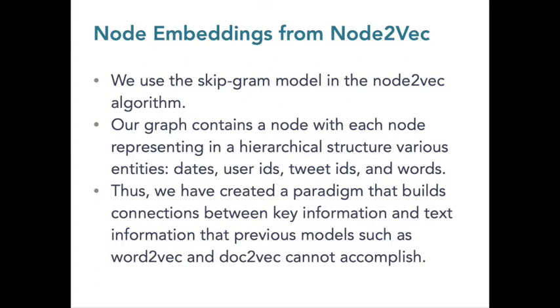Therefore, we have created a paradigm that builds connections between key information, such as date information and user information, and text information. Previous methods that were originally very commonly used in natural language processing, such as word2vec and doc2vec, do not accomplish this, and they do not build correlations between information such as date information and user information and text information.